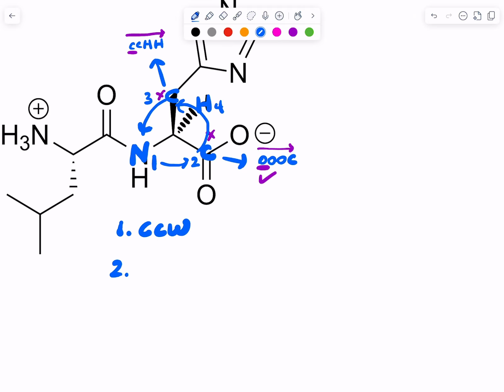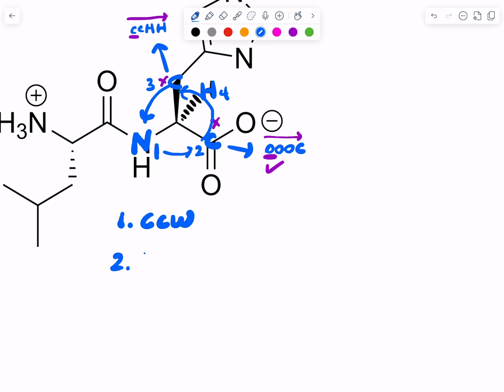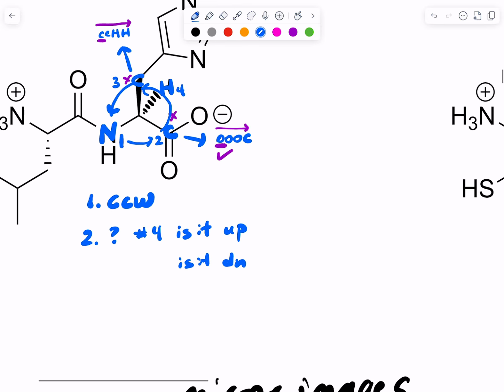The second thing we're going to do is ask the priority number 4 group, is it up or is it down? Is it a dash or is it a wedge? If it's down and it's counterclockwise, the correct configuration is S. If it's up and it's counterclockwise, the correct configuration is R.